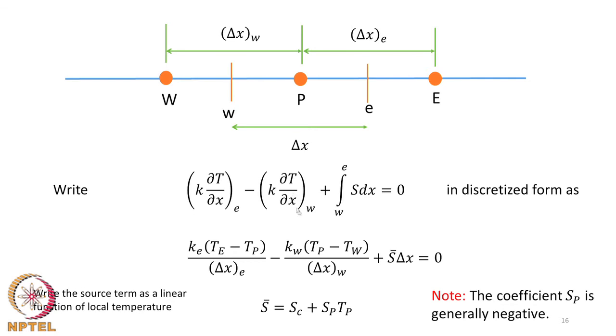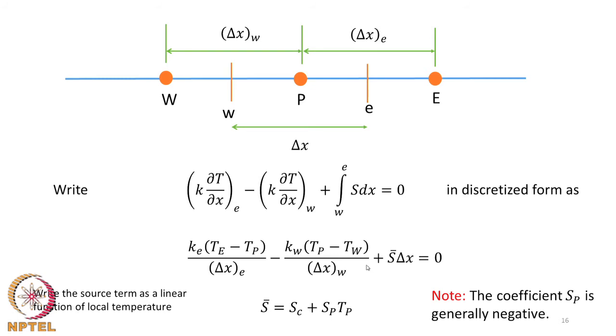Similarly, the second term also has been discretized, and then the integral of the source term is taken as an average value of the source term across the entire control volume multiplied by the width of the control volume. Now, once you have this, you can proceed to gather the terms.